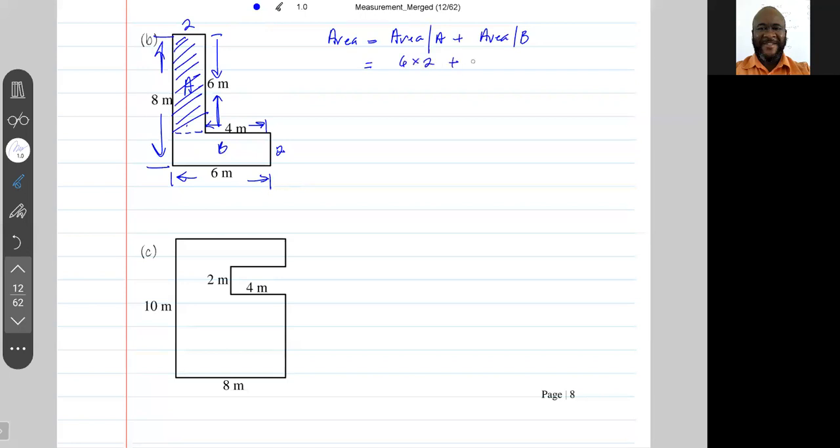The area of B would be 6 by 2. So this is 12 plus 12. The total area is 24 meters square.